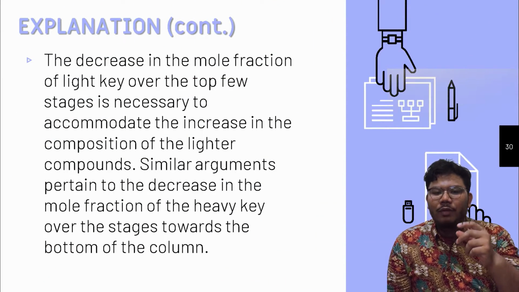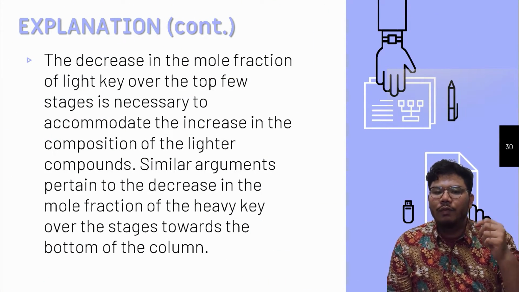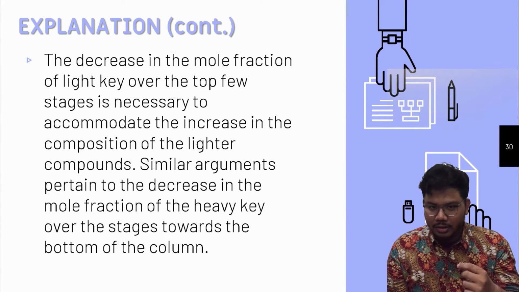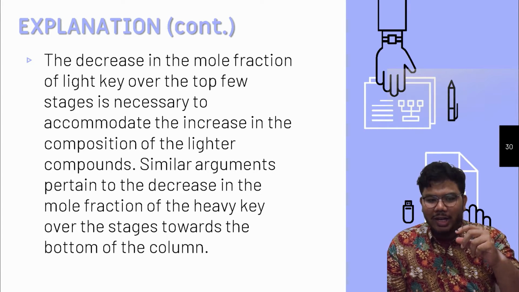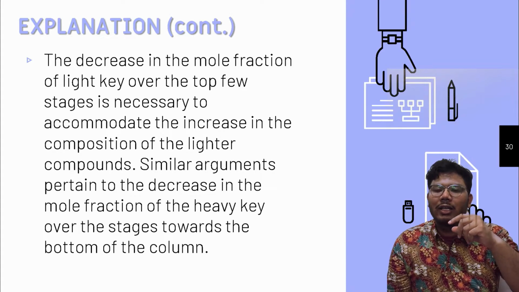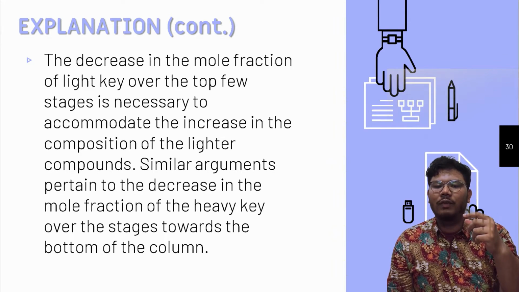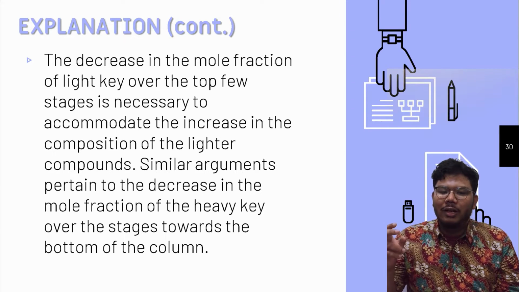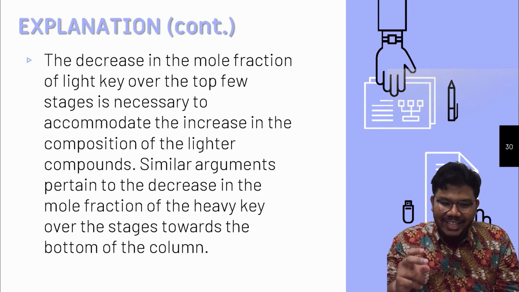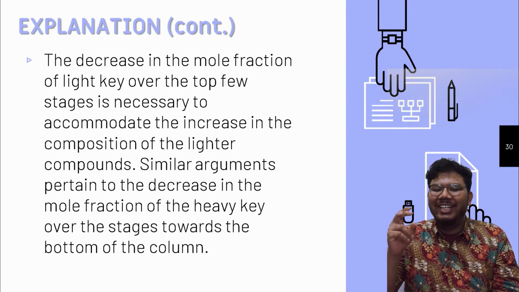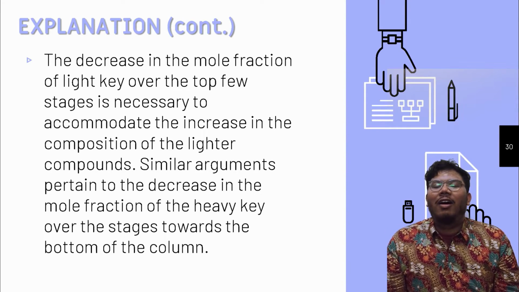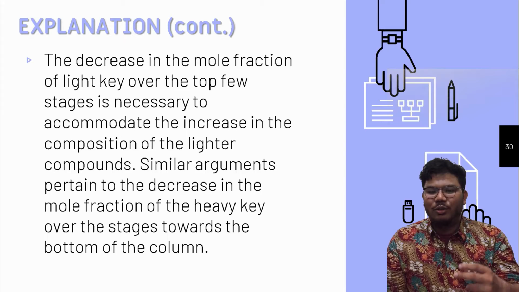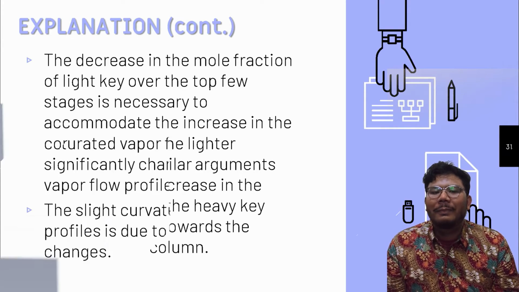The decrease in the mole fraction of the light key over the top stages is necessary to accommodate the increase in the composition of the lighter compounds. A similar argument pertains to the decrease in the mole fraction of the heavier key over the stages towards the bottom of the column.